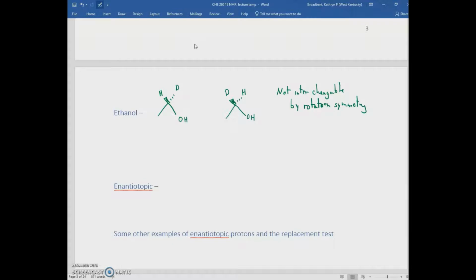But they are enantiotopic. And so they are chemically equivalent, because we have a plane of symmetry.